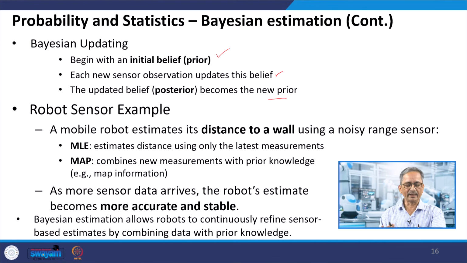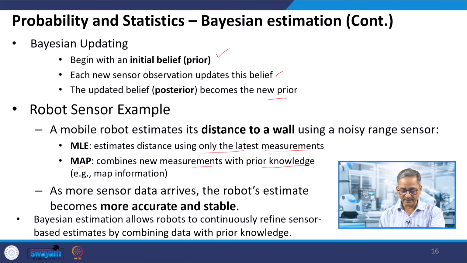I can give you an example related to the robot sensor where we use this concept. A mobile robot estimates its distance to a wall using a noisy range sensor. Then MLE will estimate distance using only the latest measurement, whereas MAP combines the new measurement with prior knowledge, that is, we may have some map information.